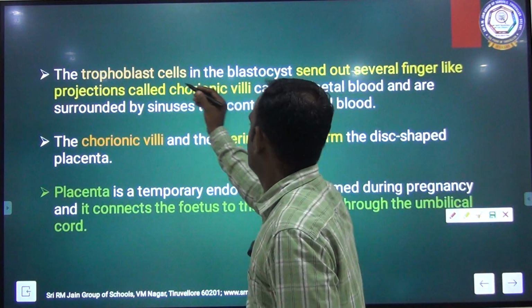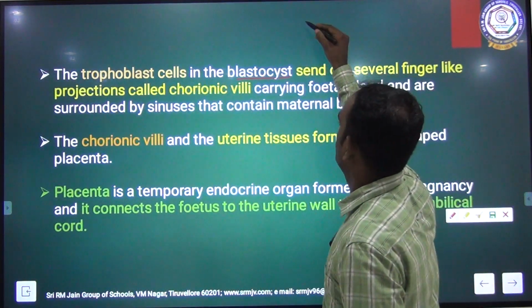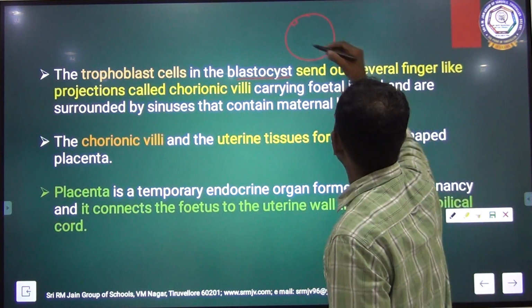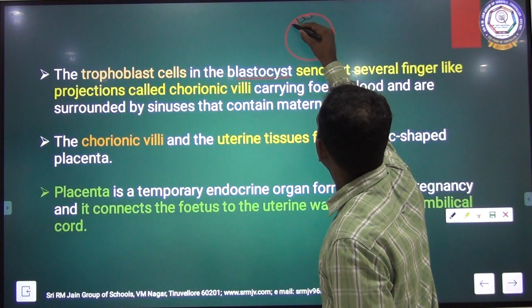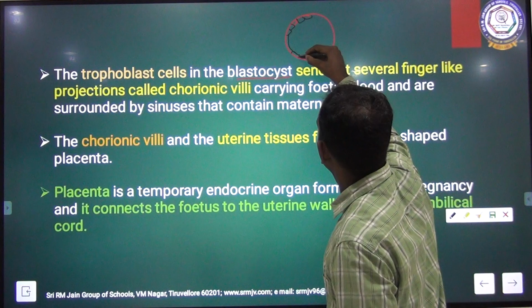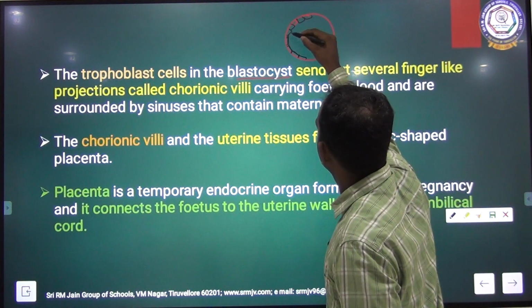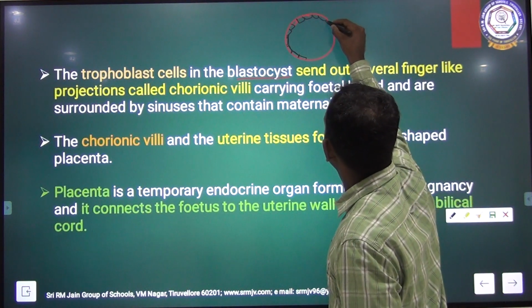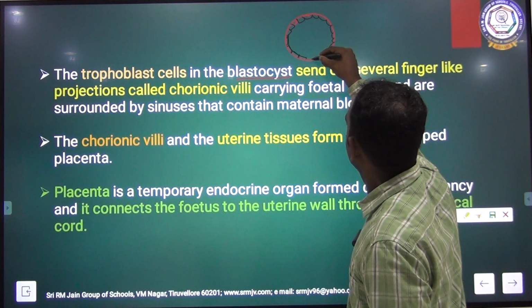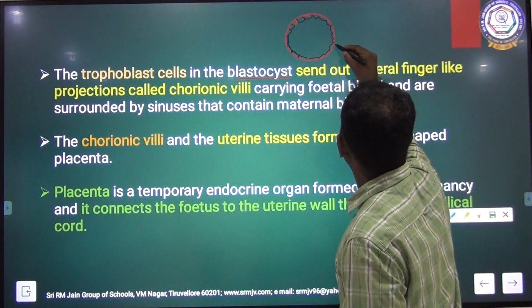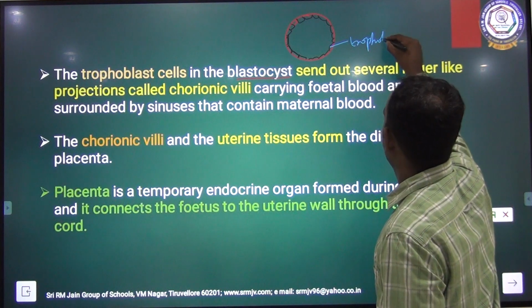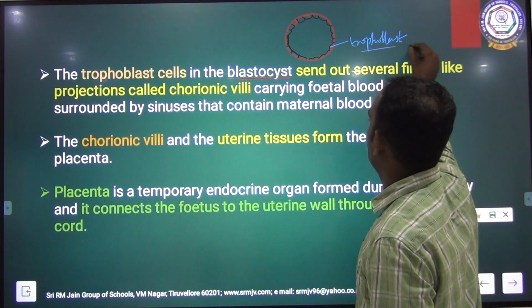The trophoblast cells in the blastocyst. This cell is said to be trophoblast.